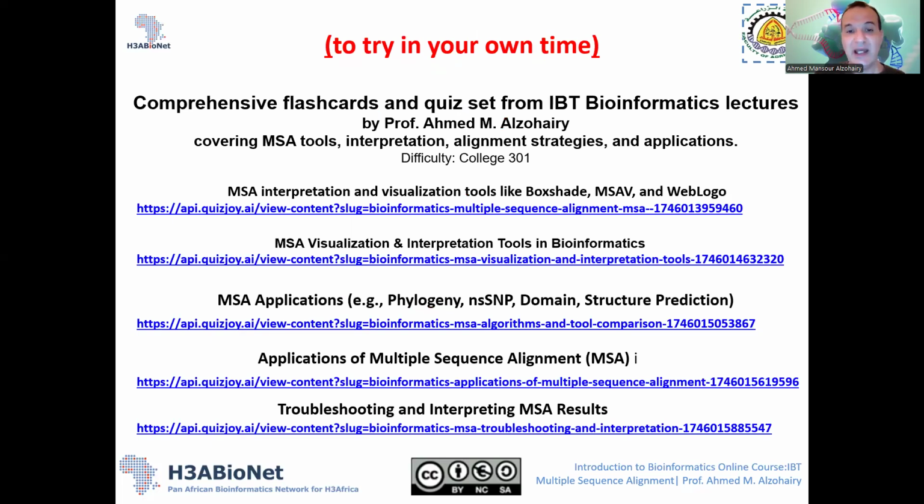Now we will have something else. These links are like a flashcard and quiz set for the bioinformatics lectures. Of course, these four links are generated by AI. The first one is how to interpret this. These four links will be with us through all the coming lectures, so you can use them to study and to practice.